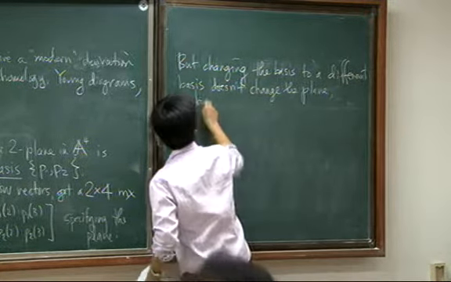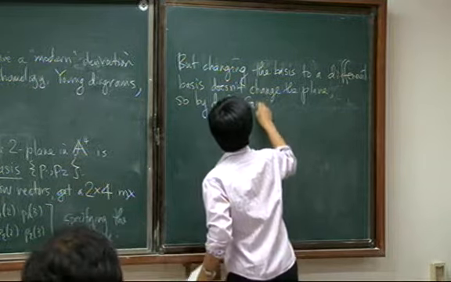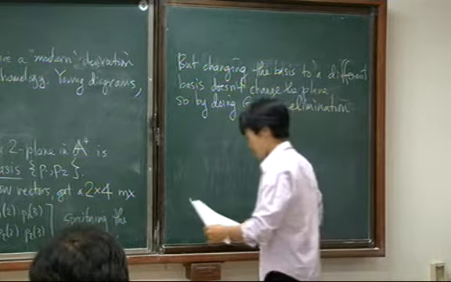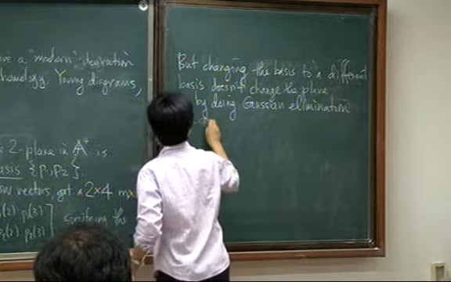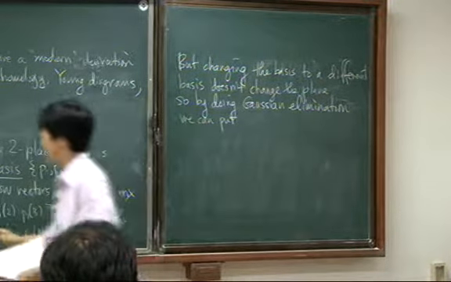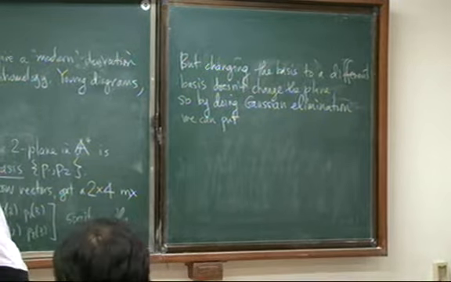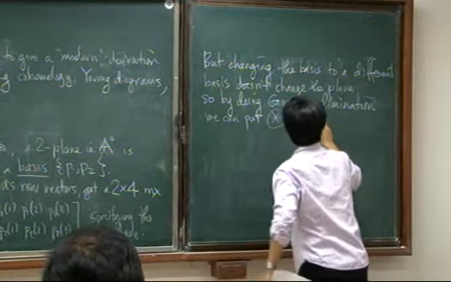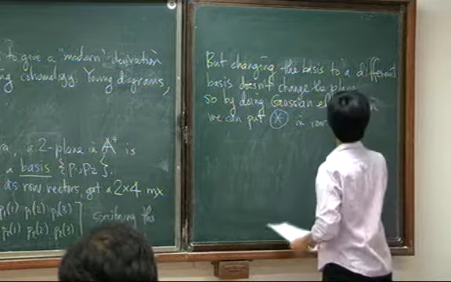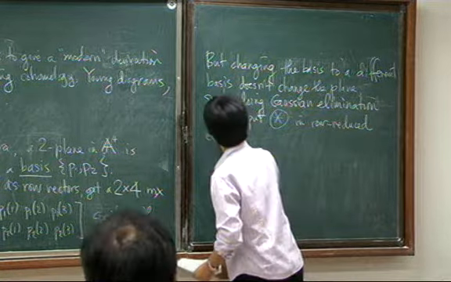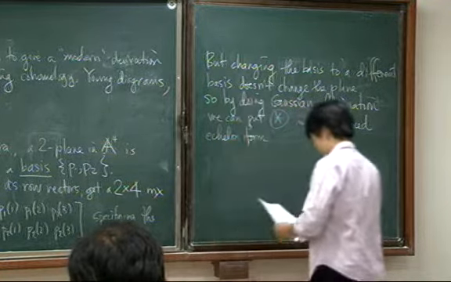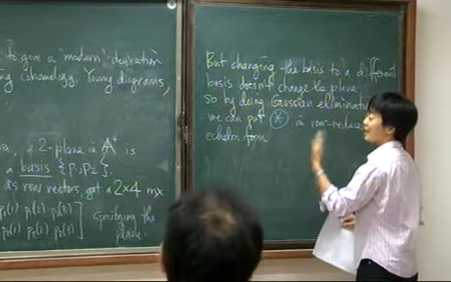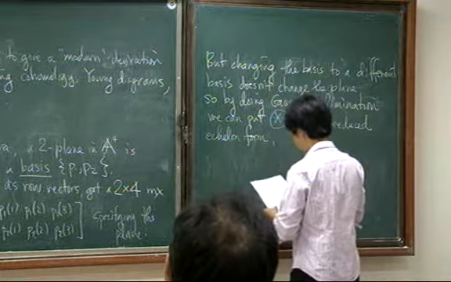By doing Gaussian elimination, we can put it in a certain reduced row echelon form, and once I do this standardization, the matrix will be unique.